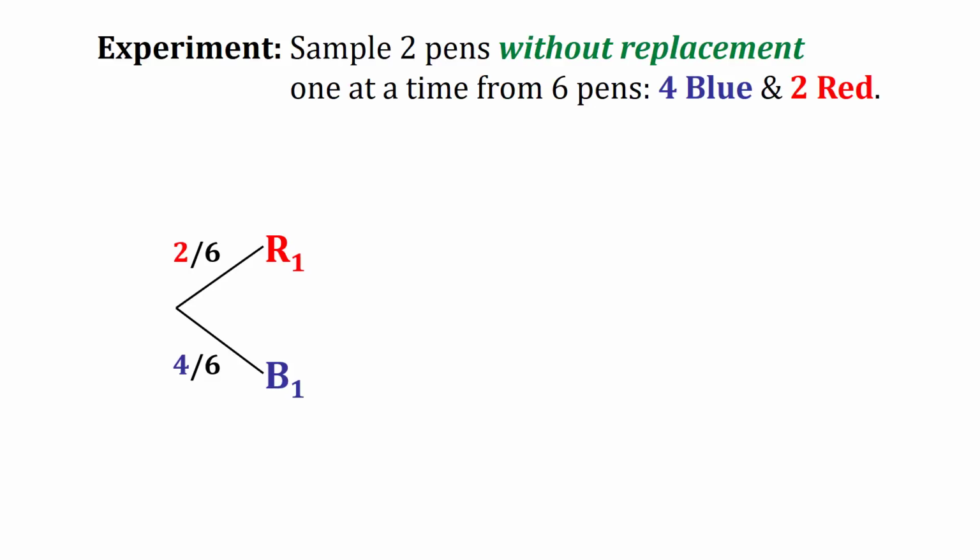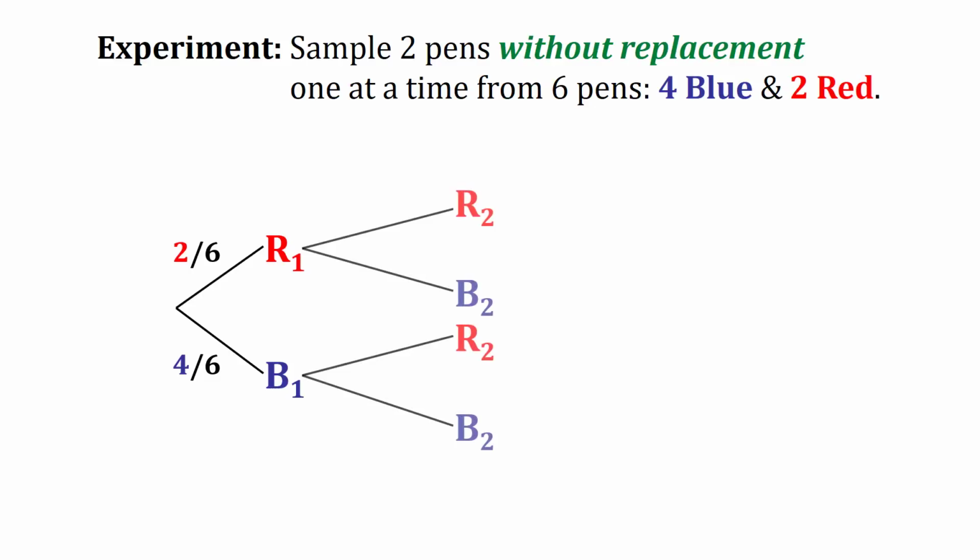Now, whichever pen I pulled out, it's gone. So then, when I look at the secondary branches, in each case, 2 more things could happen. I either pull a red pen on the second try, or I pull a blue pen on the second try. Now, how many pens are there left to choose from? 5.